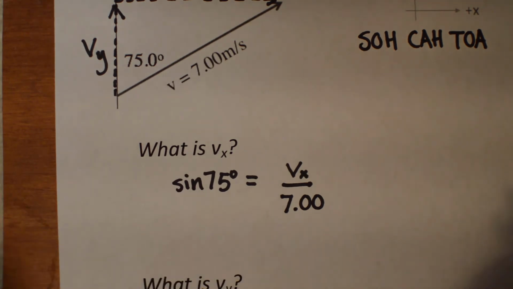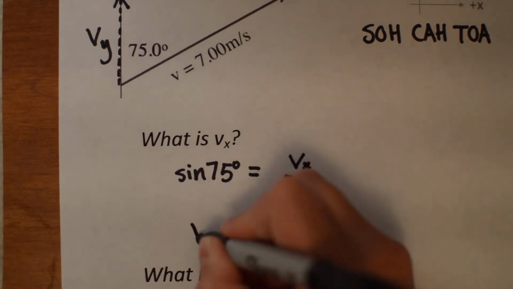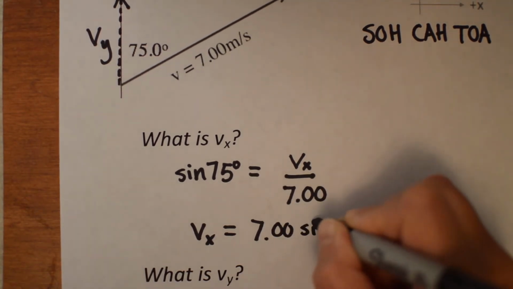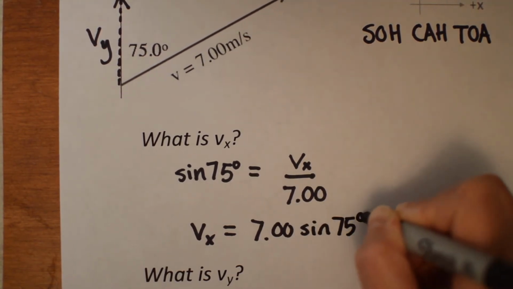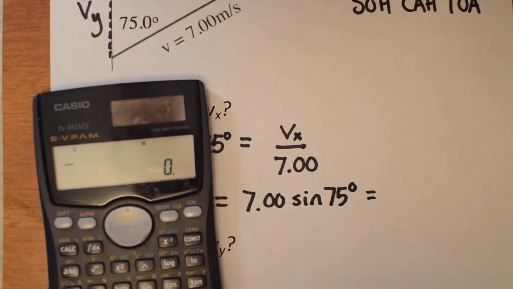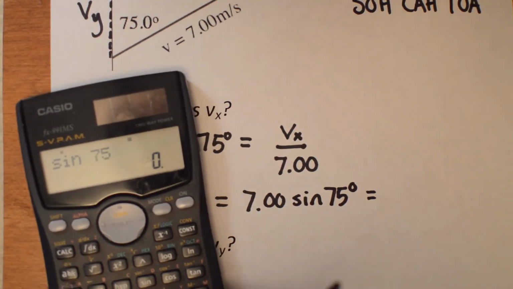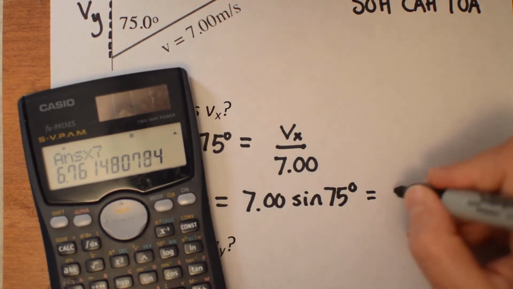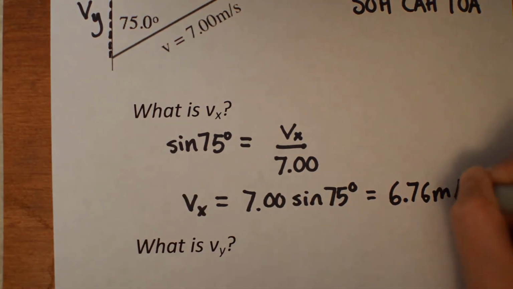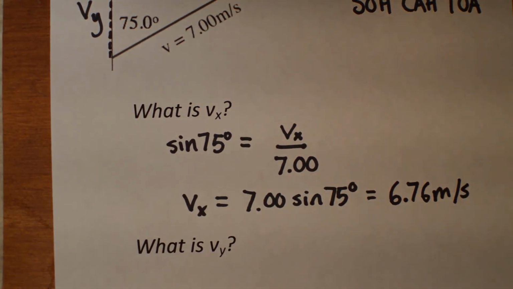Rearranging that for Vx, I just need to multiply both sides by 7. So I'll get Vx is 7 times sine of 75 degrees. And that is sine of 75 times 7, which is 6.76, and the units, it's a velocity, will be meters per second here.